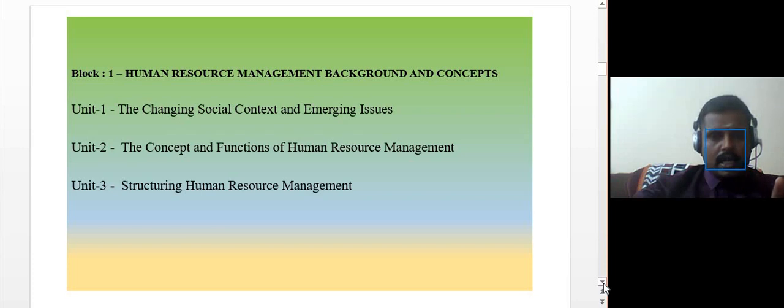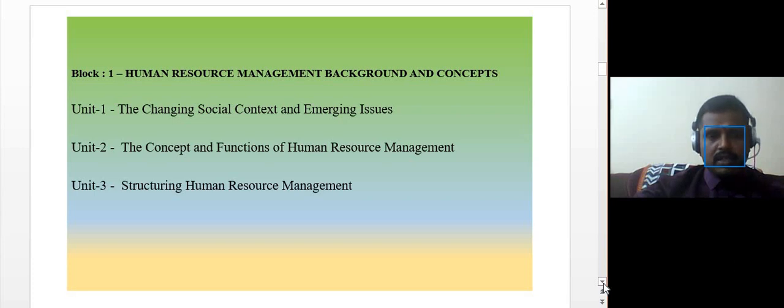So as I already told you, there are 5 blocks and a total of 16 units. We'll discuss them one by one. Block 1, the first block, deals with the background study and concepts of human resource management. There are 3 units.